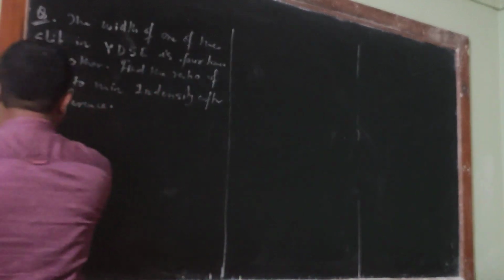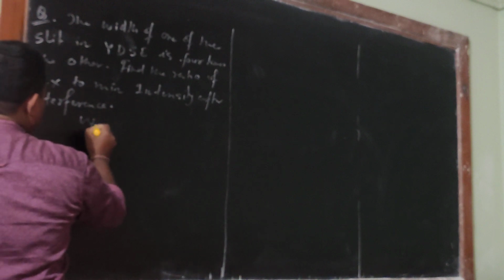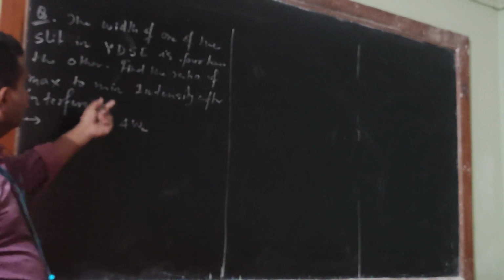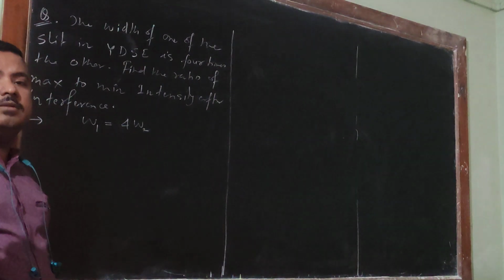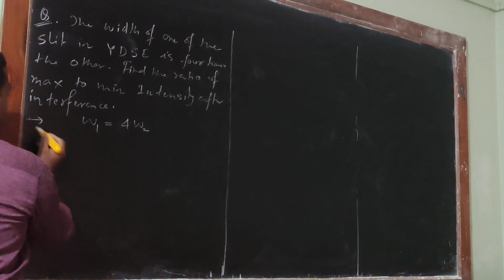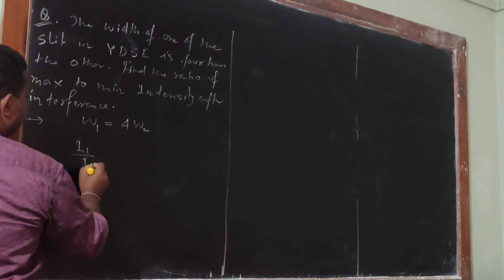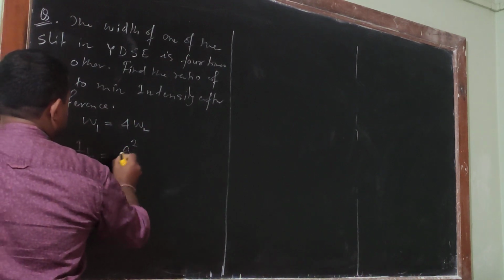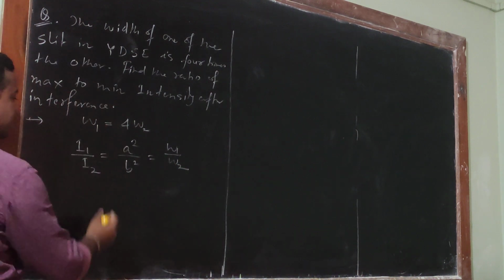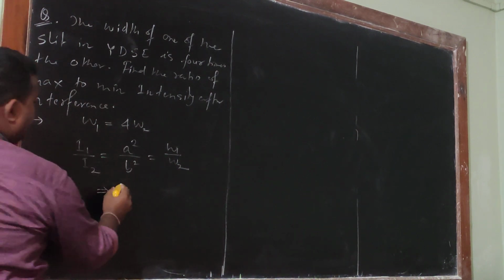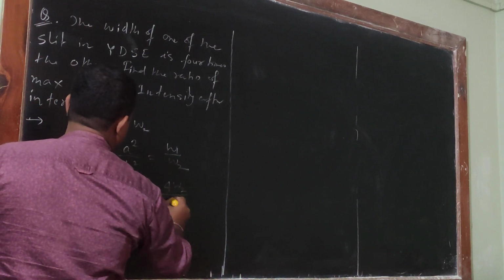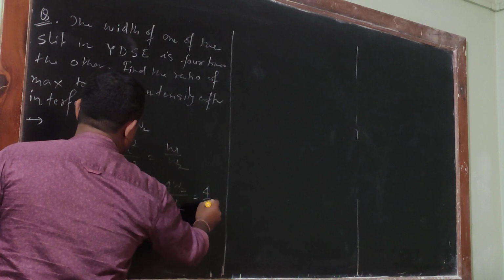Okay, so here you see what is given. Width of one slit is 4 times the width of the other. To find the ratio of maximum to minimum intensity, you have to know the values of amplitudes A and B. So we know I1 by I2 is equal to A square by B square equal to W1 by W2. This I have already given. So here A square by B square is 4W2 by W2, or 4 by 1.